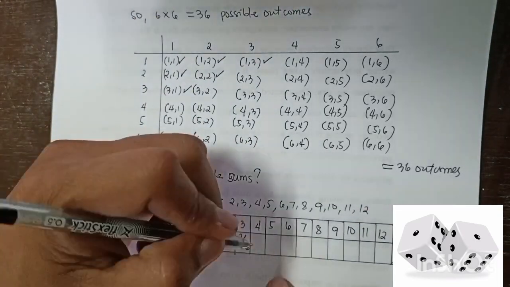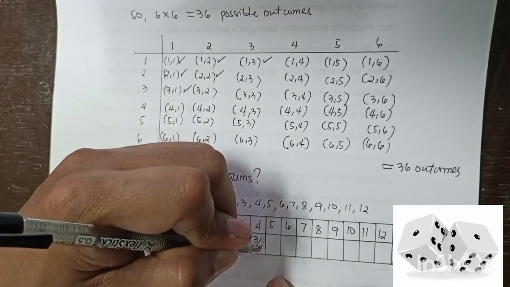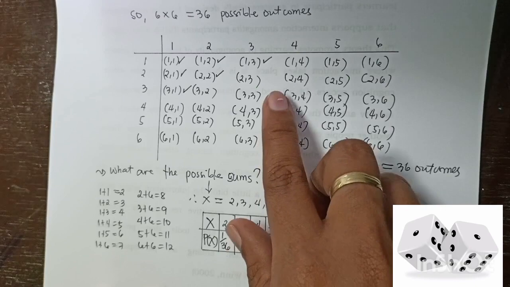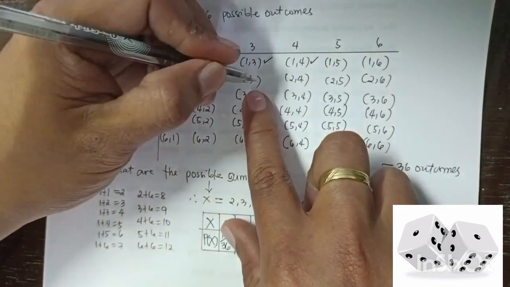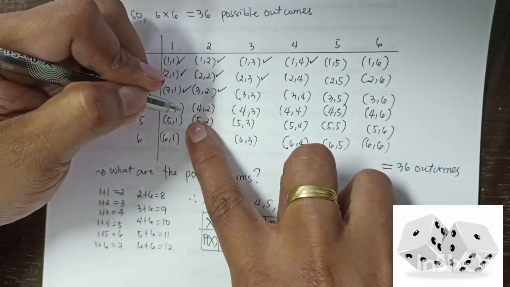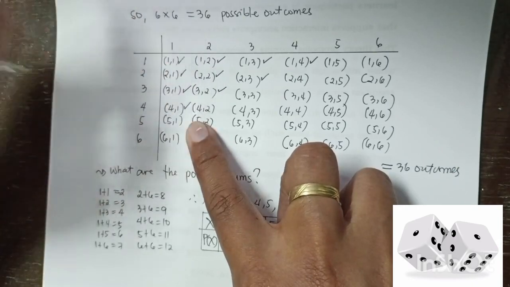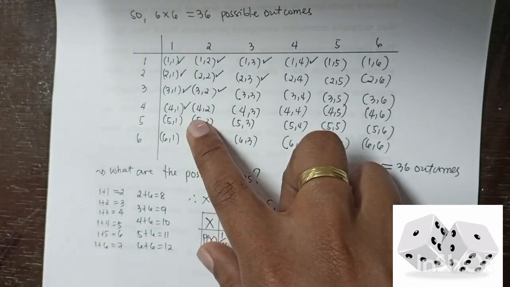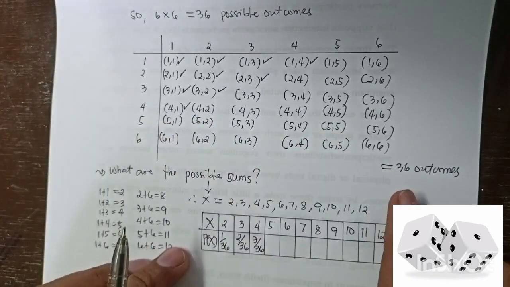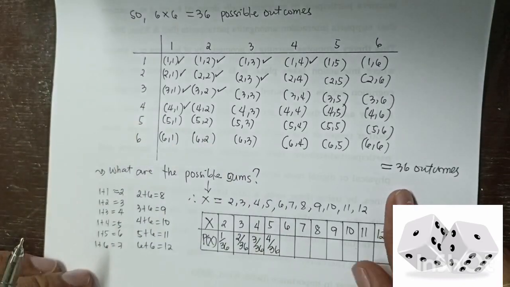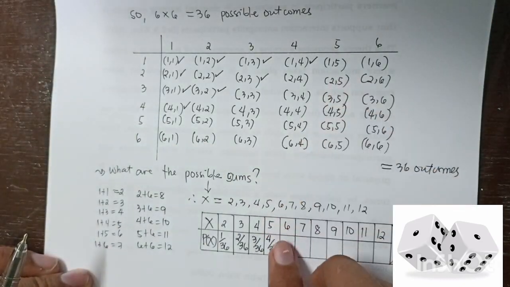So there are 3 out of 36 outcomes. So we have 3 over 36. For a sum of 5, we have 1 and 4, 2 and 3, 3 and 2, and 4 and 1. So there are 4 possible outcomes out of 36. So we have 4 over 36.